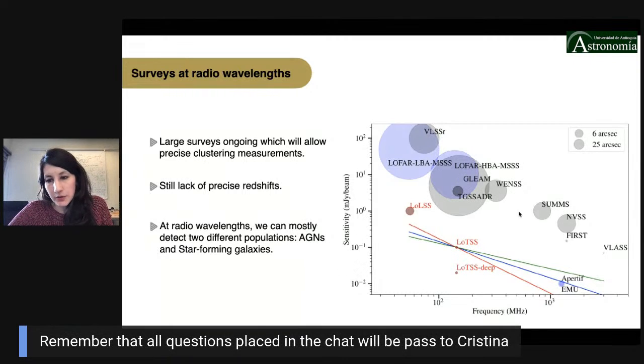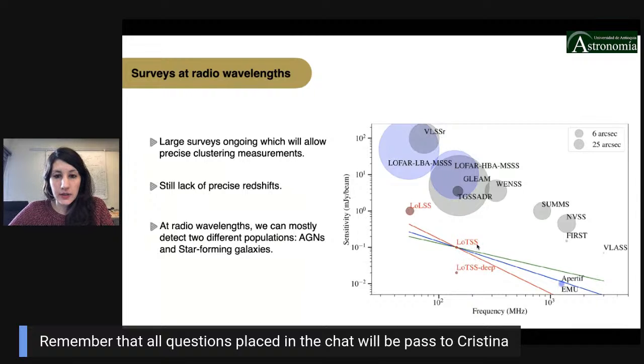Then this is just a summary to show some of the surveys. We have VLA, which is very well known. We have FIRST, which also used VLA, and NVSS. And particularly, I'm working now with LOFAR surveys, which are those shown in red here.